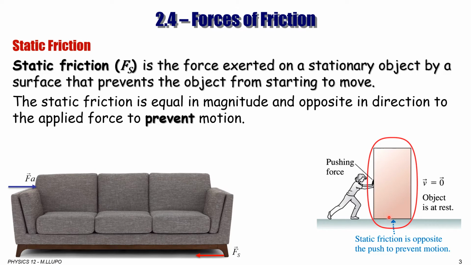It is preventing that motion. So if you see that velocity is 0, that means that object is at rest. So what does it mean? No matter how much you push it, if the velocity is 0, that means that another force is generated by that surface in contact, and that is force of static friction.